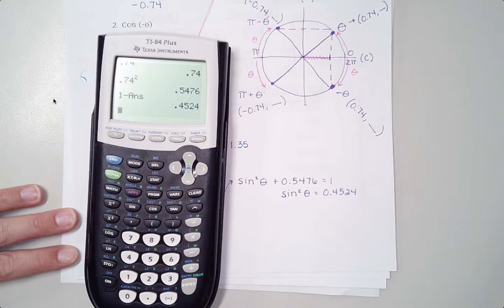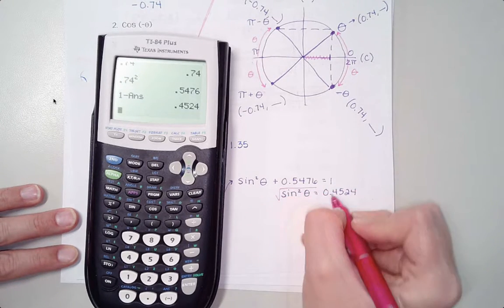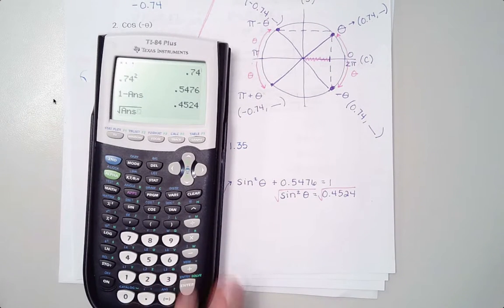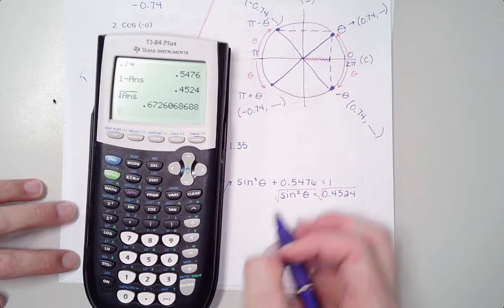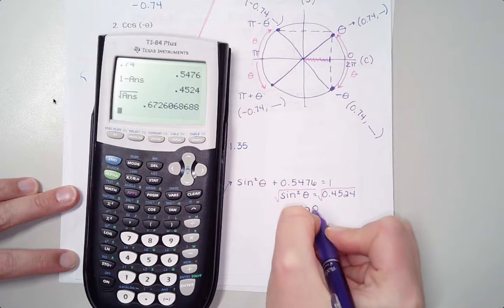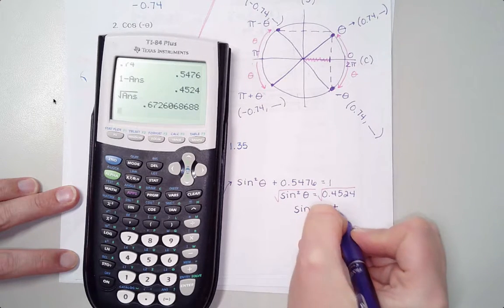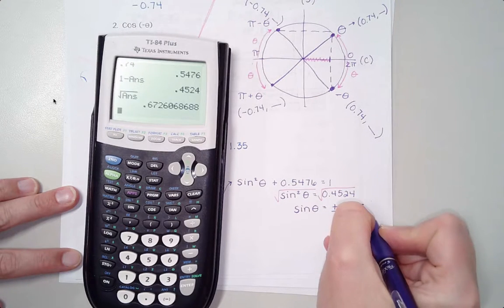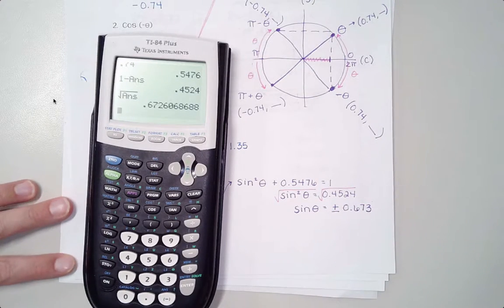And at this stage of the game, this is where I need to take a square root. Don't forget that because we took a square root to get this, this should really be plus or minus 0.673. Okay, that plus or minus is important.